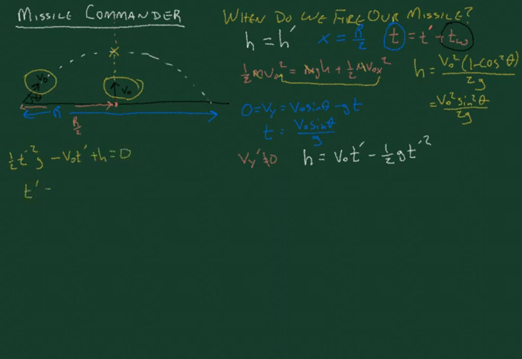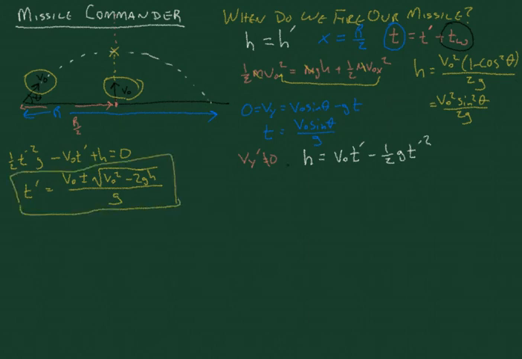So t prime is equal to v0 plus or minus the square root of v0 squared minus 4ac, so 2gh, all over 2a, which is just g. So this is t prime.